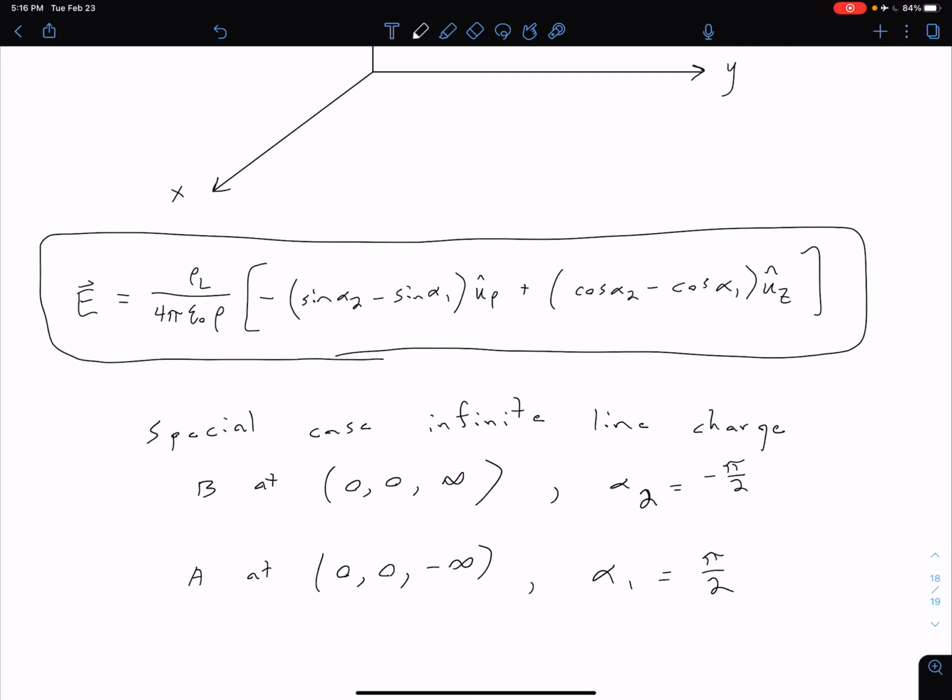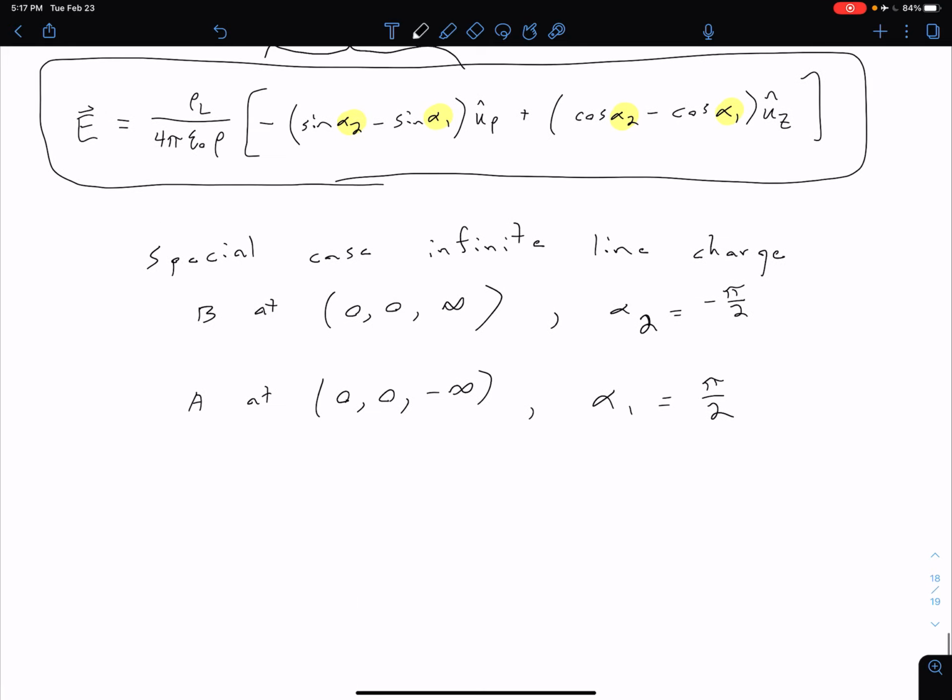So now all we need to do is plug these in here, and what we can see is that this whole first term is going to become negative 2, and so, including that, this whole term is positive 2, and this term, of course, cosine of pi halves is just going to be 0.